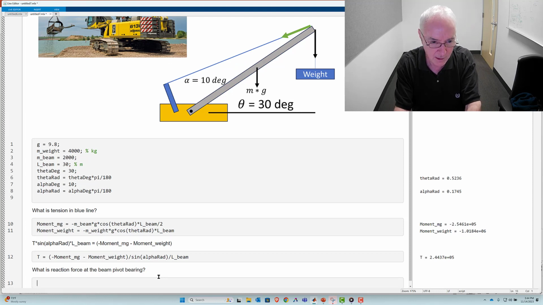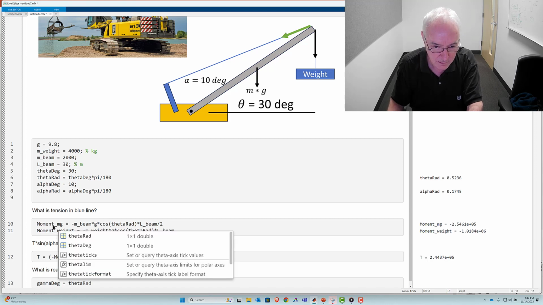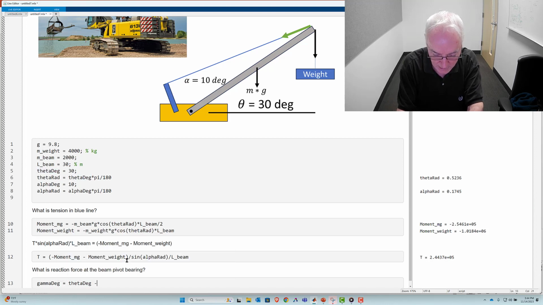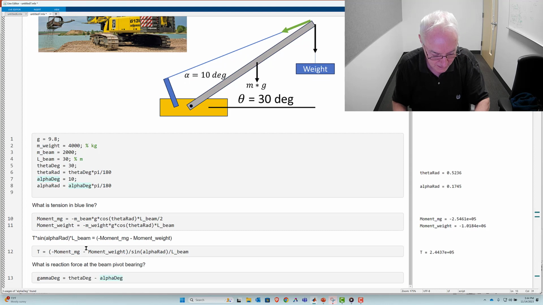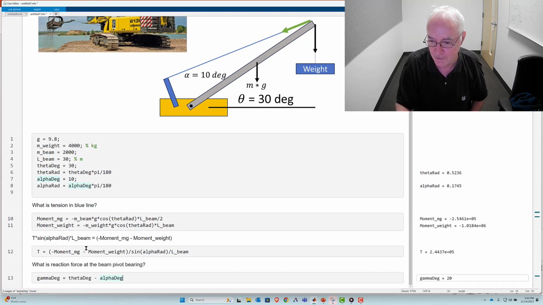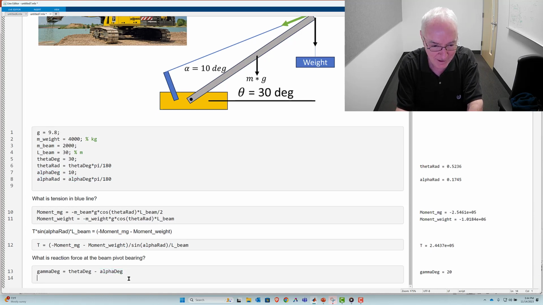I'll say gamma DEG is equal to theta DEG minus alpha DEG. Learn another one too, F5. See that? It calculates. Now let's get gamma rad equal gamma times pi divided by 180.